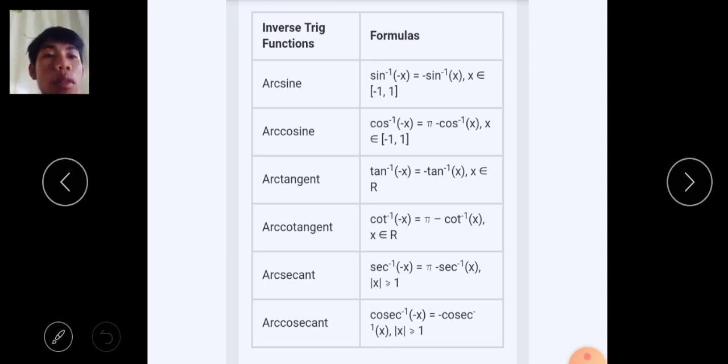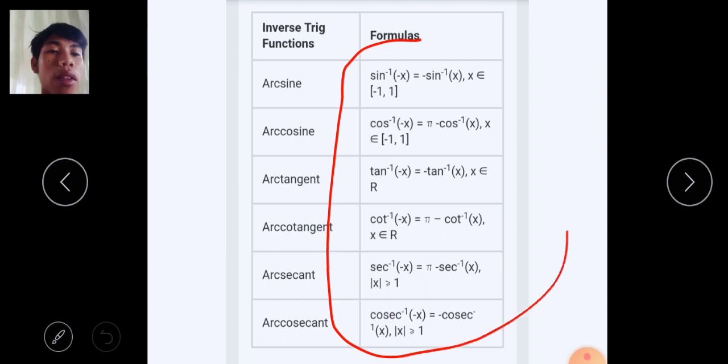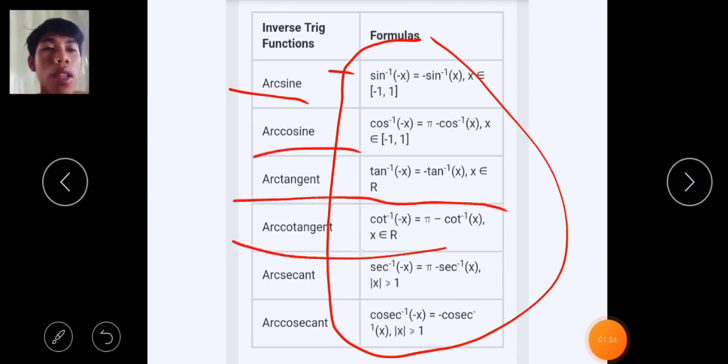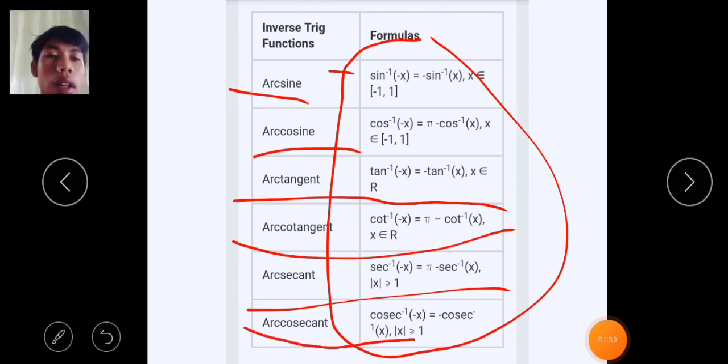So just follow these formulas. For arc sine, here is its formula. Then for cosine, tangent, cotangent, secant, and arc cosecant.